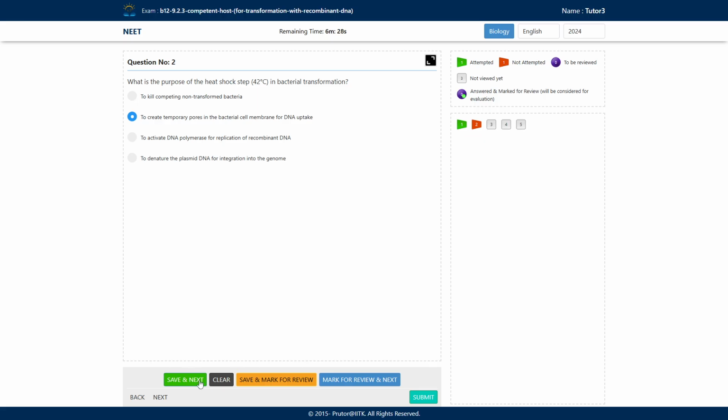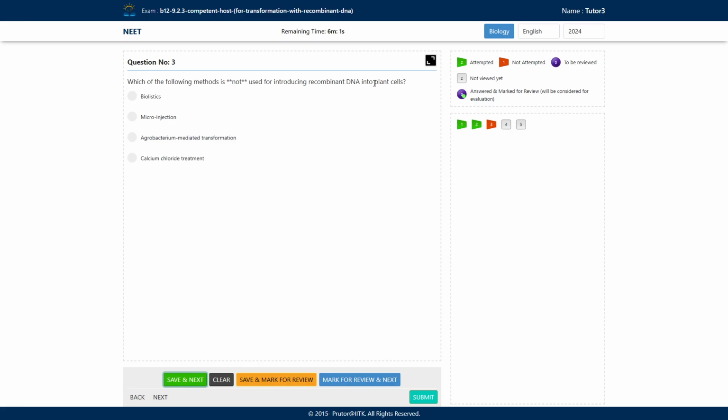So we will save. And next, the third question says, which of the following methods is not used for introducing recombinant DNA into plant cells? They are asking which is not a method for transferring recombinant DNA into a plant cell.